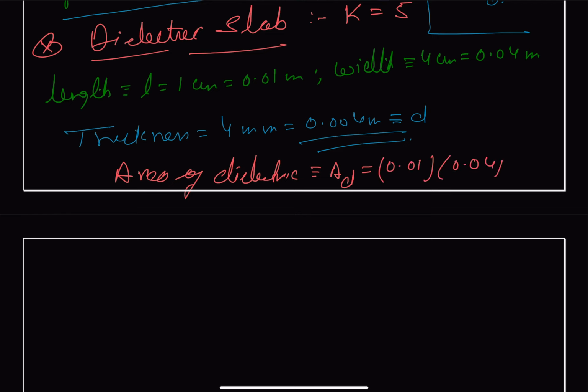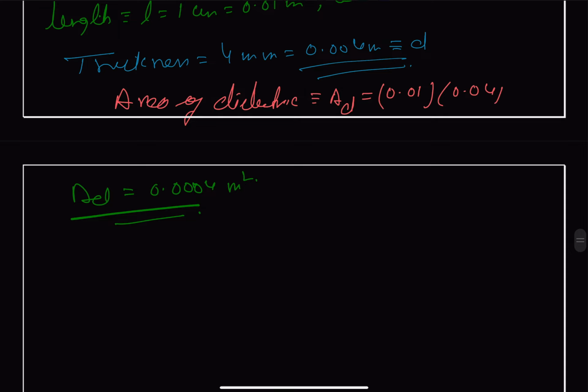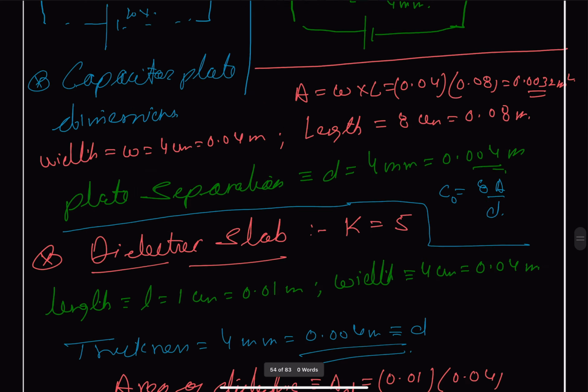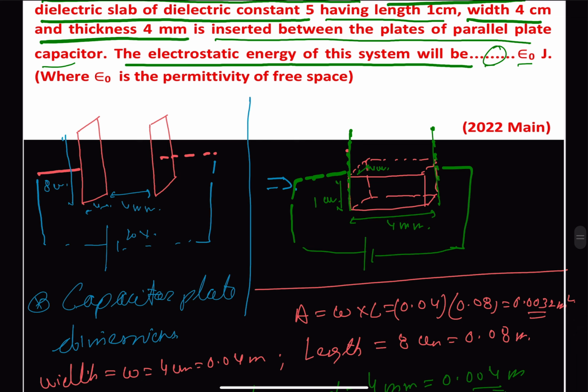This gives us that AD will be equal to 0.0004 meter square. So therefore, the rest of the area, this particular area, is without dielectric. So we found out this area.